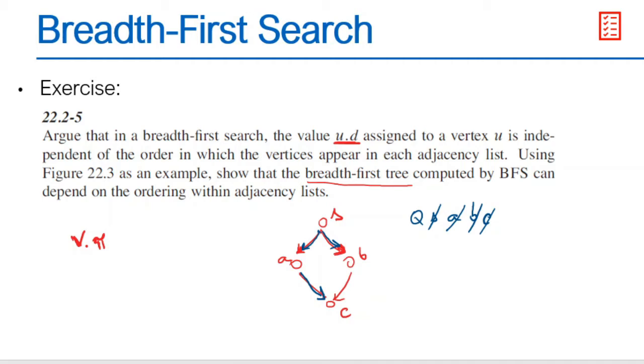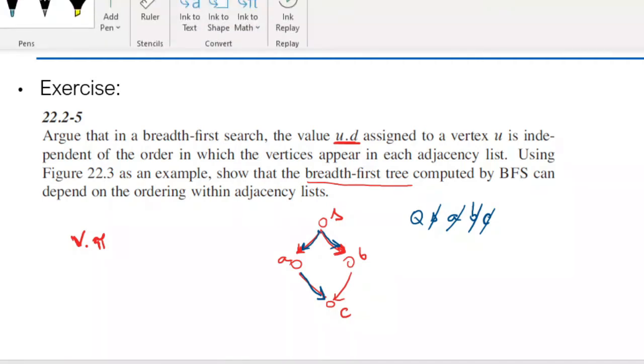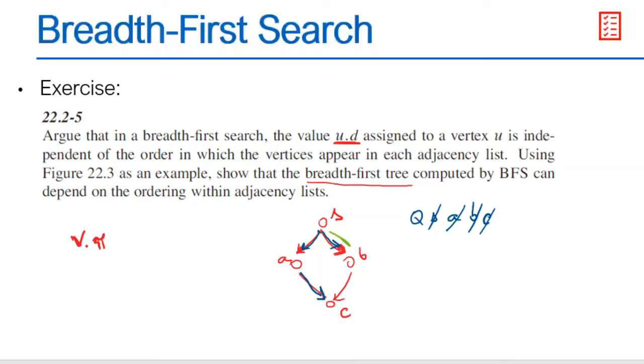And it's obvious that in the case where the adjacency list where B appears first, we will have this BFS tree.